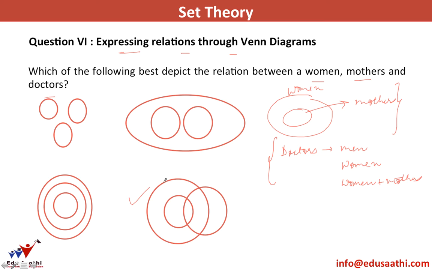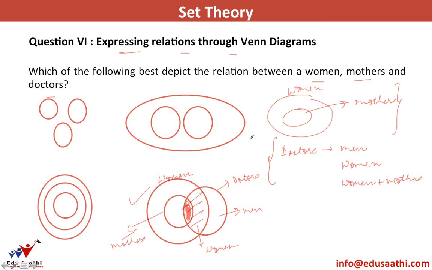This one, because this outer circle would be women, this inner subset would be mothers, and this represents doctors. So men doctors would be somewhere here, men doctors, women doctors are here, women doctors, and women plus mother doctors are this smaller part, subset of women doctors. So this is how you solve these kind of questions.